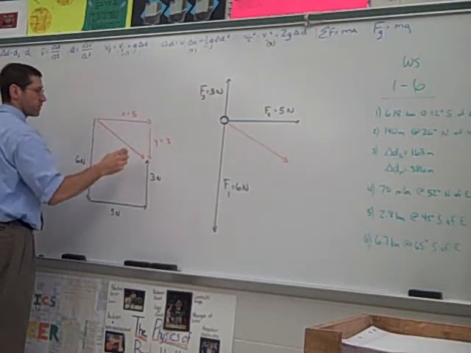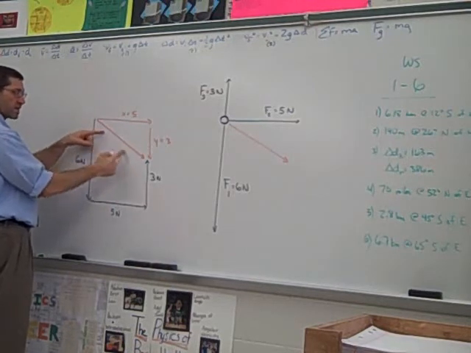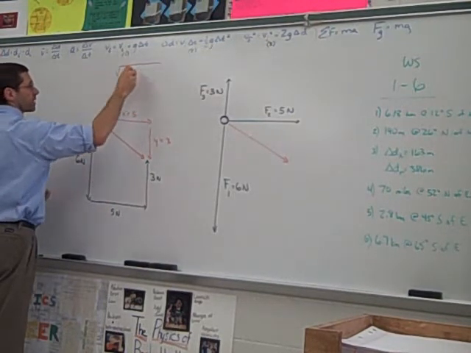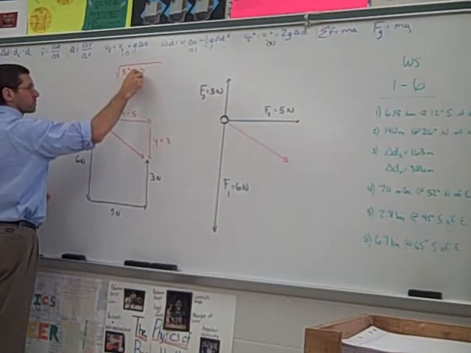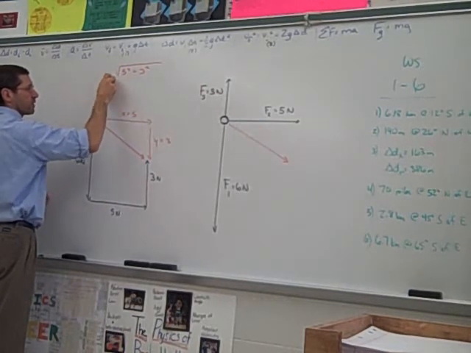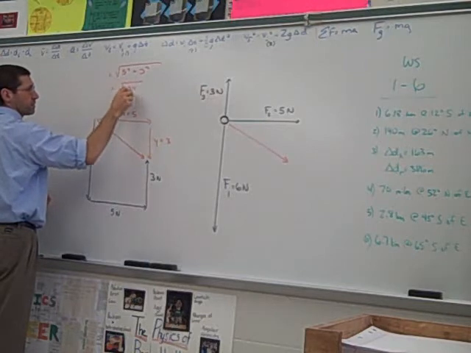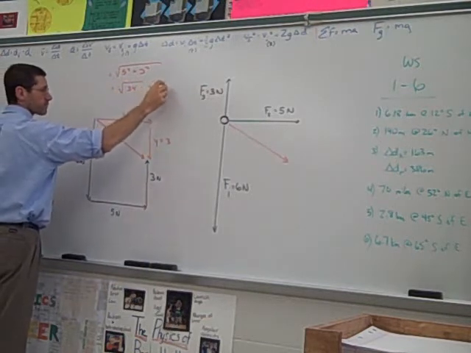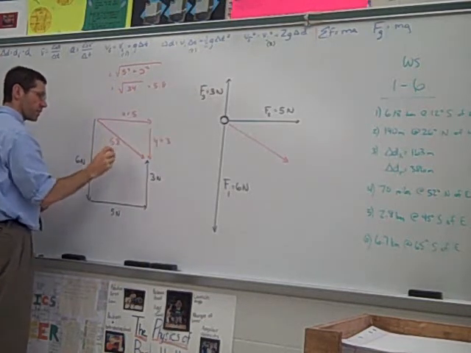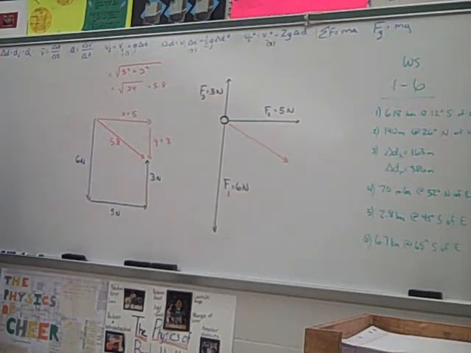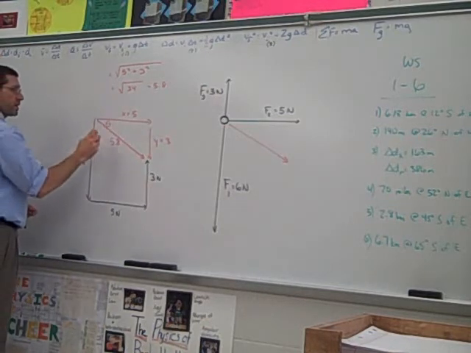So 5 and 3, we want to get the magnitude of the resultant. So you would do the Pythagorean theorem. 5 squared plus 3 squared is square root of 34. Is 5.8. So the magnitude is 5.8. And then you need to get a direction. So here's theta.